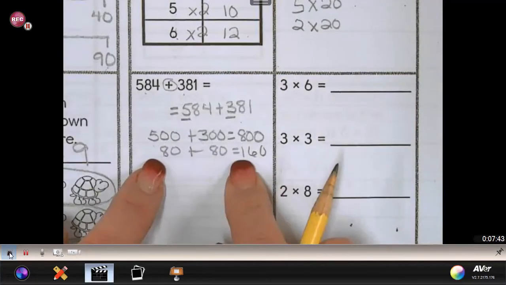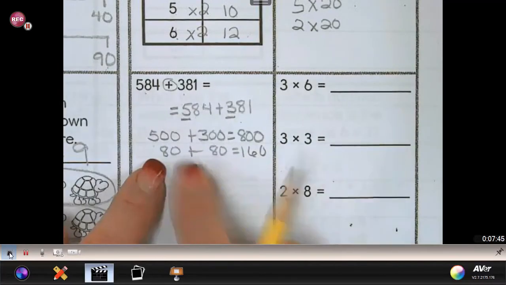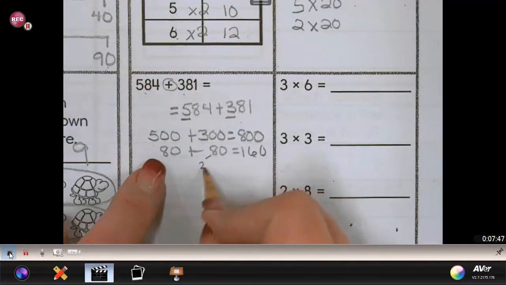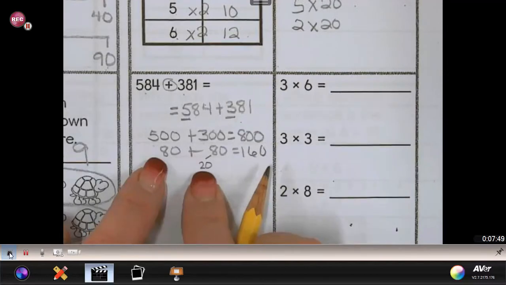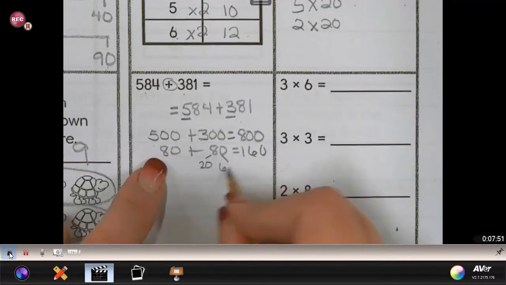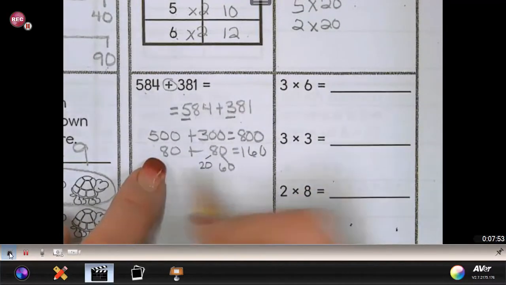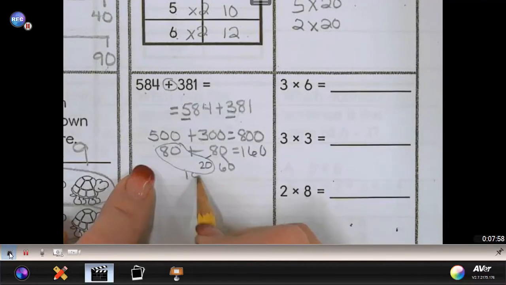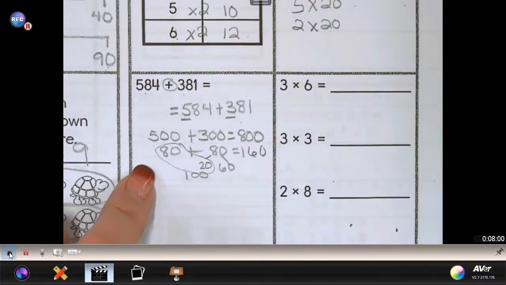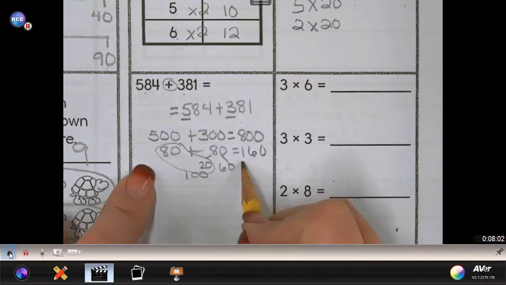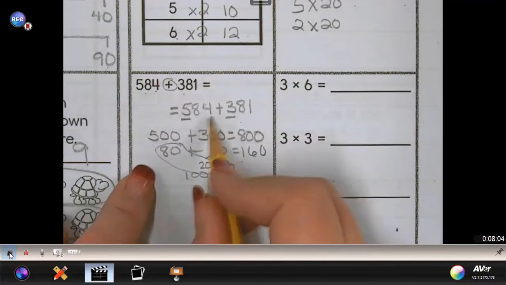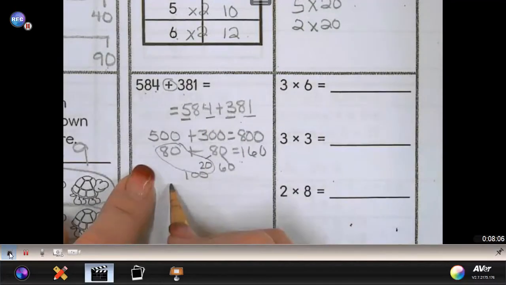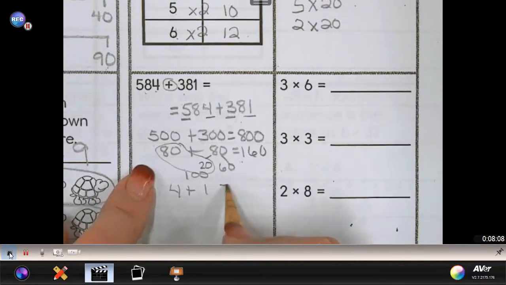So that tells me I'm regrouping. I've got 2 more 10s here to make this 100, and I've got 60 here to add on to this 100. So just to remind you that 80 and 20 is that one more group of 100 right here. Now I can take my ones, and 4 and 1 is 5.